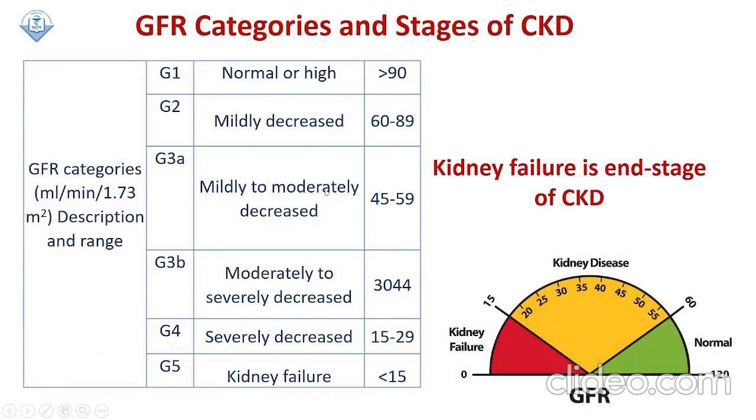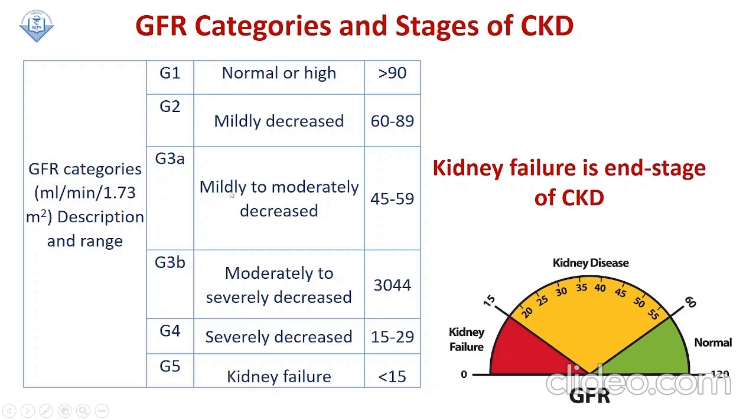Categories and stages of glomerular filtration rate. We have 5 categories of this parameter, depending on the range of glomerular filtration rate. G1, the first category, is when we have normal or high level of GFR, more than 90. Second, mildly decreased, when GFR is 60 to 89. Then we have the third category, having A and B subtypes.